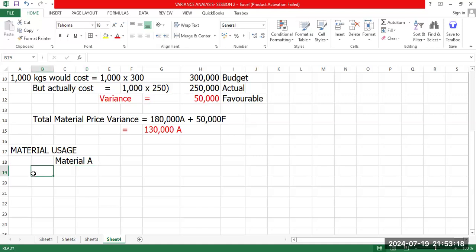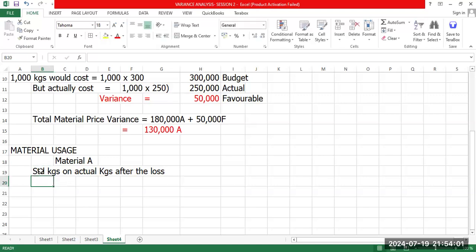One, you get the standard kgs or the budgeted kgs on actual kgs after the loss. Here we look at after the loss. With the mix, we are going to look at before the loss.